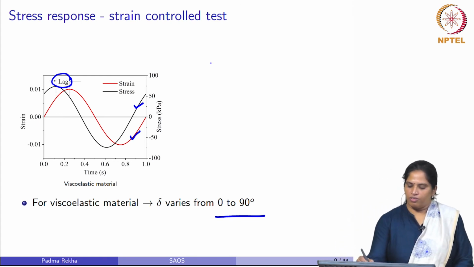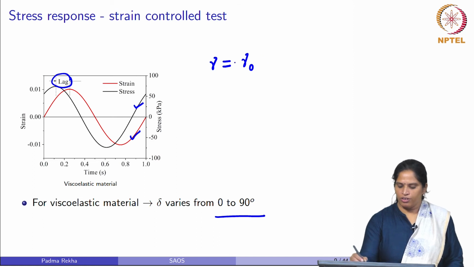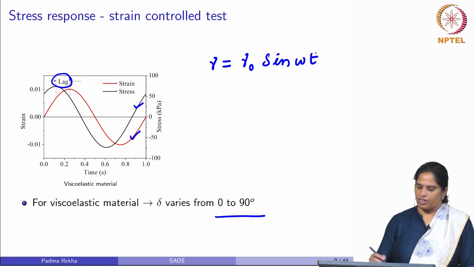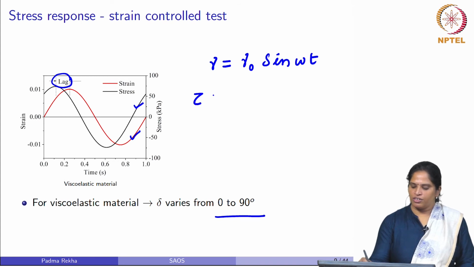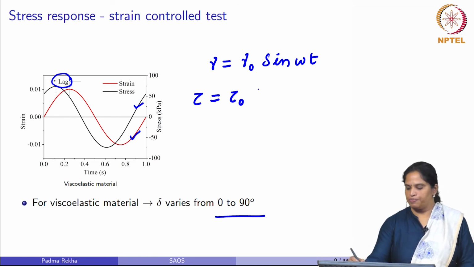So, let us write an equation for the strain and stress. We control the strain, and so strain can be written as gamma naught sin omega t, a sinusoidal strain, and the stress function is also sinusoidal. With a peak value, let us define the stress peak to be tau naught.